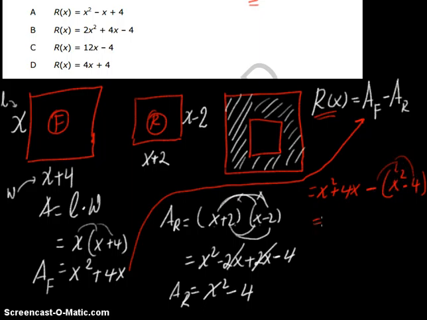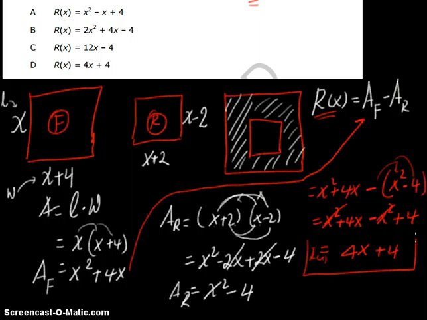Then we get x squared plus 4x minus x squared, and negative times negative makes positive 4. Now x squared minus x squared cancels out, and we get 4x plus 4. So this is the area r of x of the floor that is not covered by the rag. Based on this, our correct answer will be choice D.